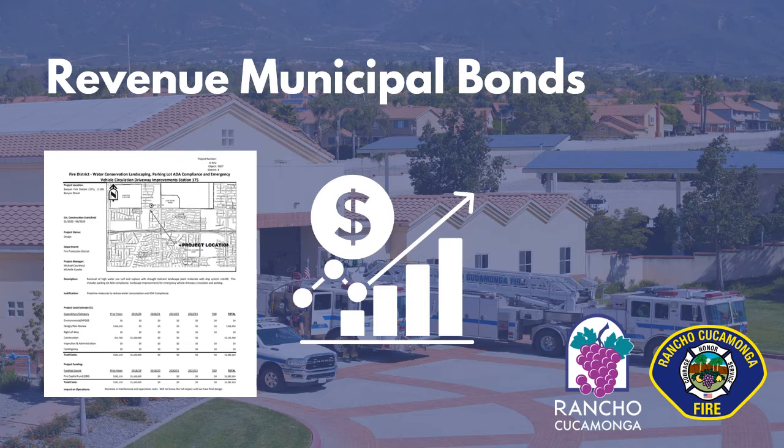So to better explain the revenue municipal bond, I'm going to use a water district as an example. Let's say the water district is doing a capital improvement project. They can use their funds, like the water bills, to increase the water bill for a certain period of time and use that revenue in order to pay back the bond over time. So those revenues are essentially what's going to help pay for whatever project that is.